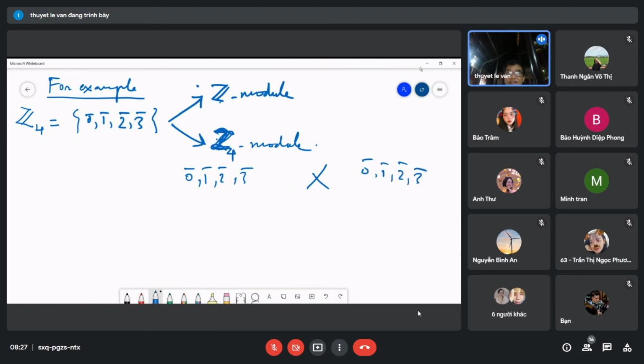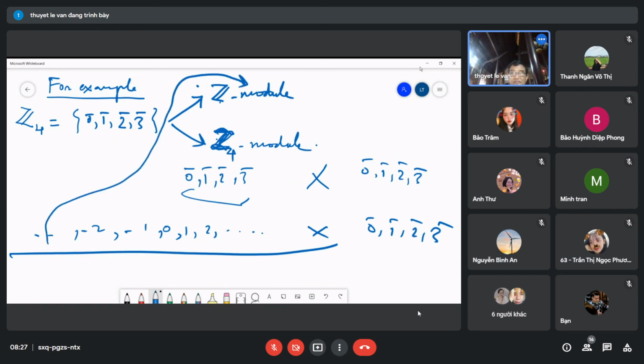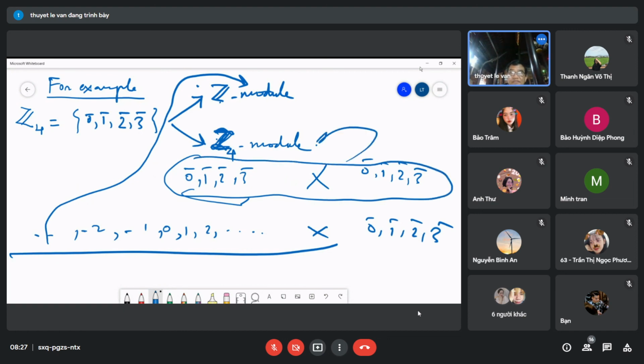In the case of a Z module, you can take it in Z: 0, 1, 2, and so on, and -1, -2, minus. And you multiply with 0, 1, 2, 3. It's different. The multiplication is different.